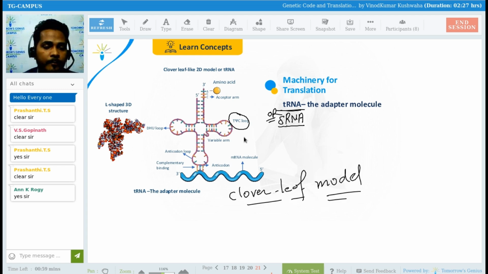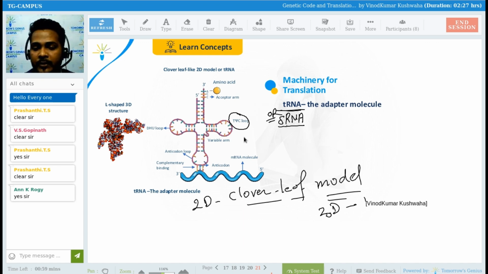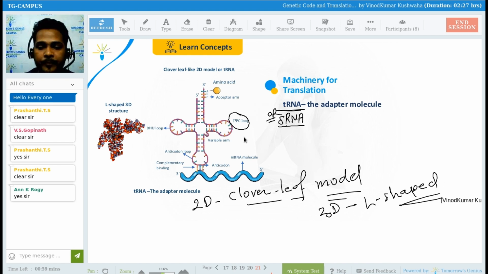Now this clover leaf model is the two-dimensional structure, this is 2D, and in case of 3D, it is referred to as an L-shaped structure. So in case of 3D, it is L-shaped. In case of 2D, it is the clover leaf model.